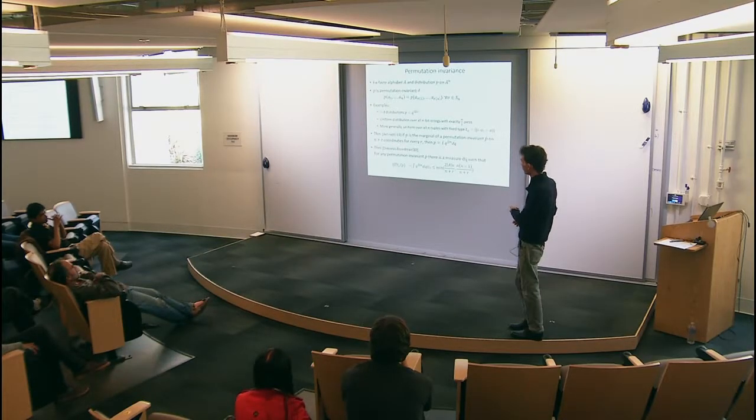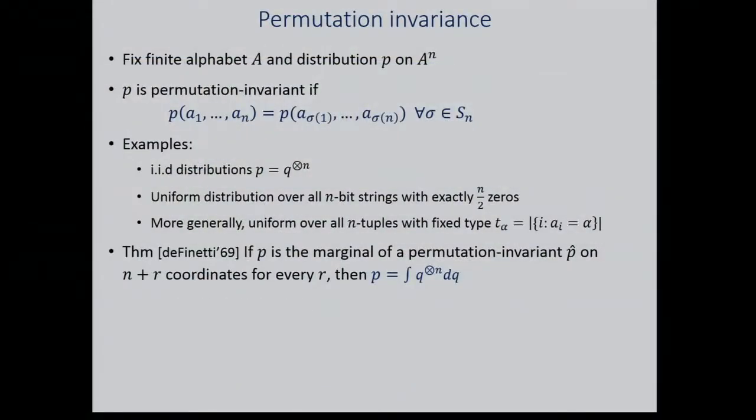and then this was picked up later. So P is just IID samples from some distribution in a convex combination. How do you take a sample from P? First, you choose a distribution Q on a single copy of the alphabet A, according to some measure dq. So the statement is there exists a measure dq on distributions on A, such that P is a convex combination, according to that measure, of IID distributions.